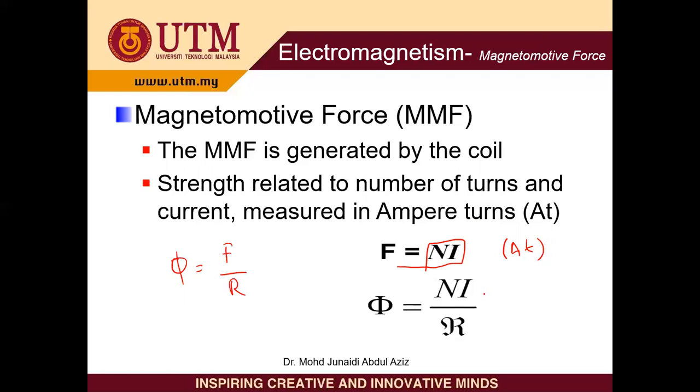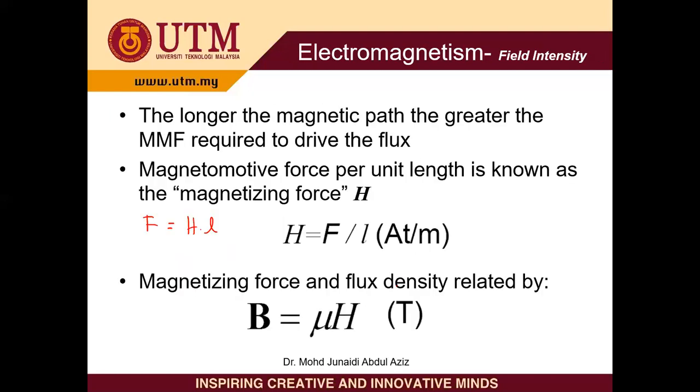Furthermore, based on the circuit analogy, the flux can be obtained by this equation, F over the reluctance R, and since we already know F is Ni, we can write down this equation. The longer the magnetic path L, the greater the MMF required to drive the flux.